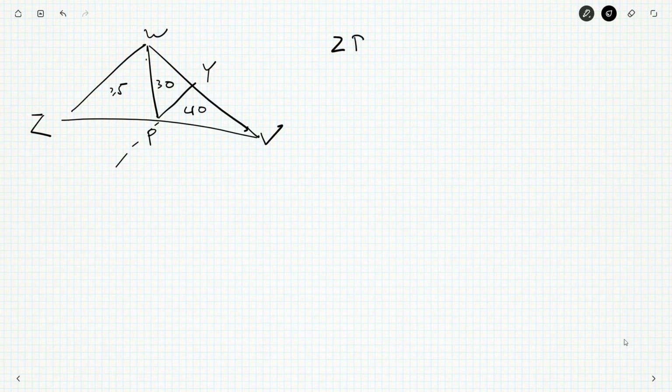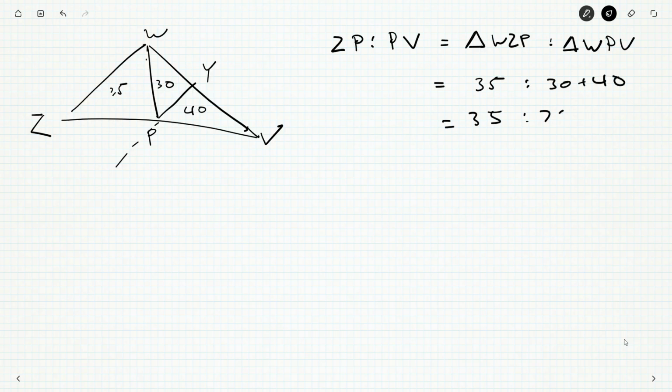So ZP to PV is the same ratio as triangle WZP to triangle WPV, which is 35 to 30 plus 40, which is better known as 70. So it's 1 to 2. So ZP to PV is 1 to 2.